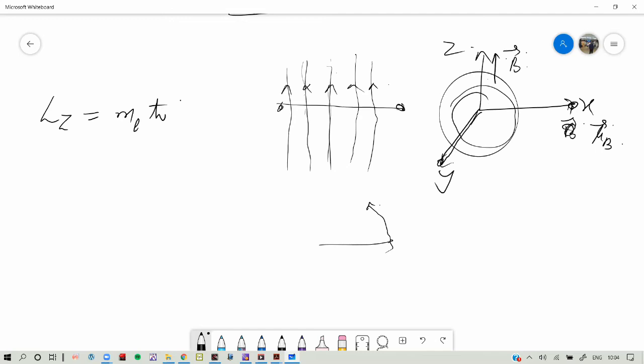आवाज नहीं आ रही है. Okay, so let me change the network.